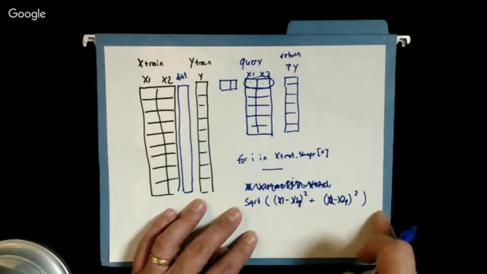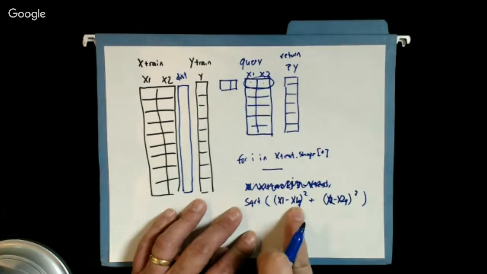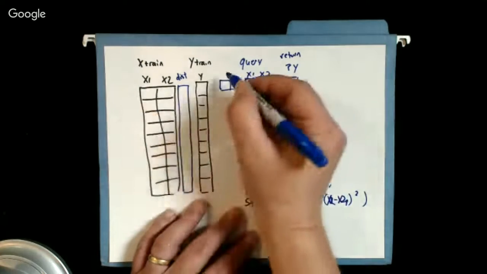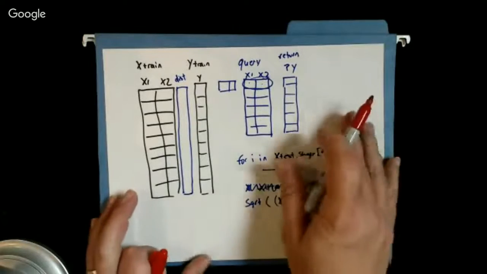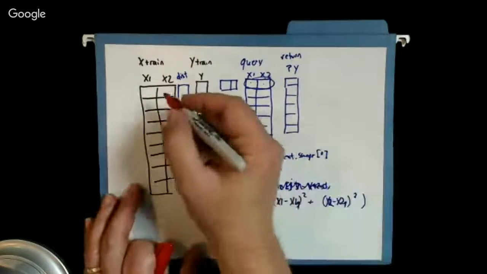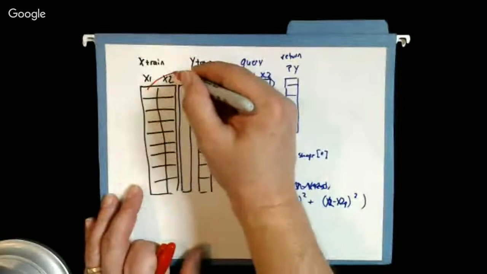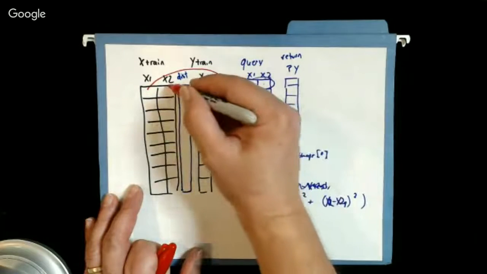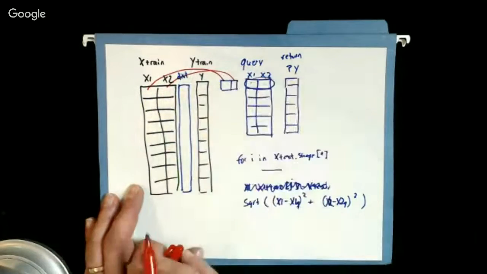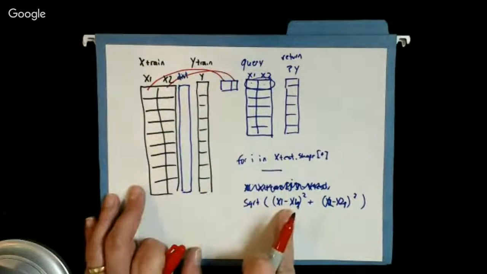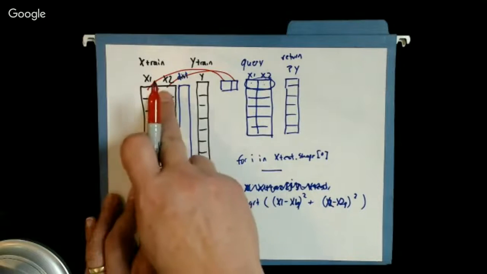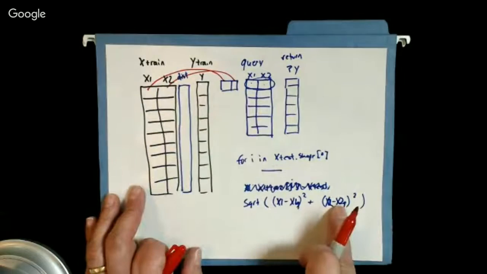And however many dimensions, you just take this difference. So it's the difference for this first one. Let me get another color. It's the difference between those two, this one and that one squared, plus the difference between that one squared.